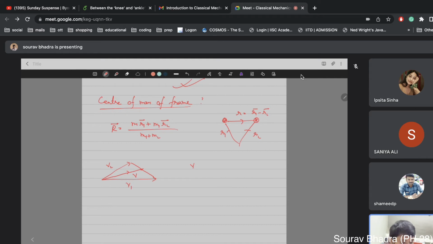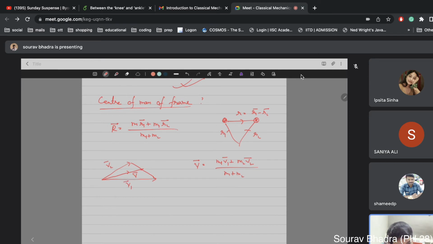So capital V is m1 v1 plus m2 v2 by m1 plus m2. It is exactly the same as the center of mass coordinate, R equals m1 r1 plus m2 r2 by m1 plus m2, and in velocity it is the velocity of the center of mass V.